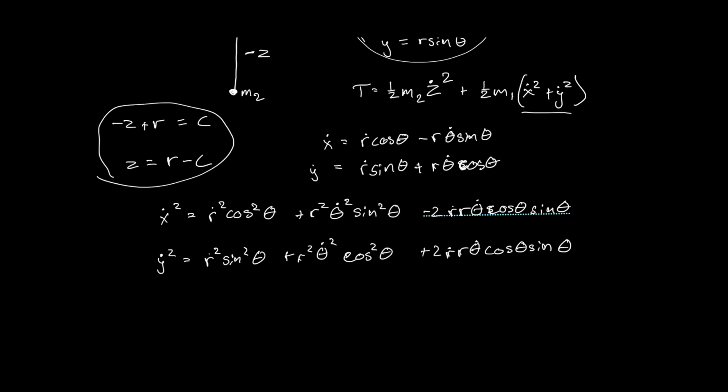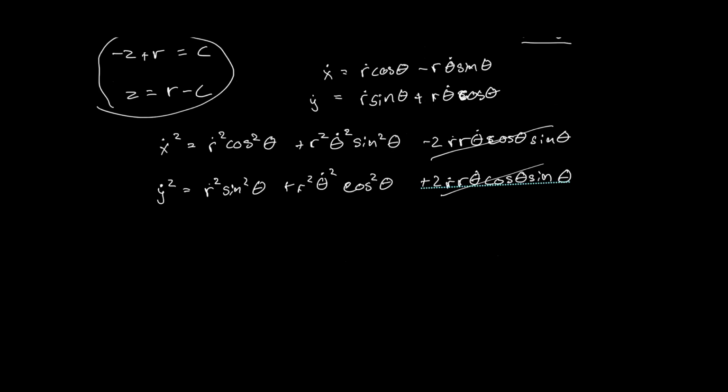We can see right away when we're adding these together, these are going to go away. And then you can see already that these are going to combine, and these are going to combine, and when you combine like terms, you get x dot squared plus y dot squared equal to r dot squared plus r squared theta dot squared.